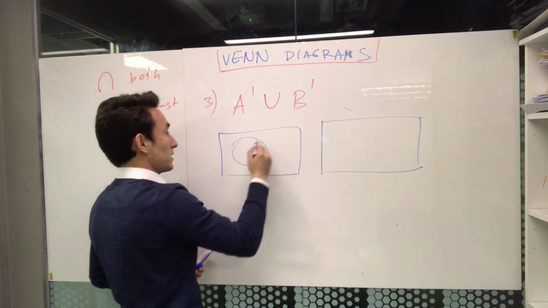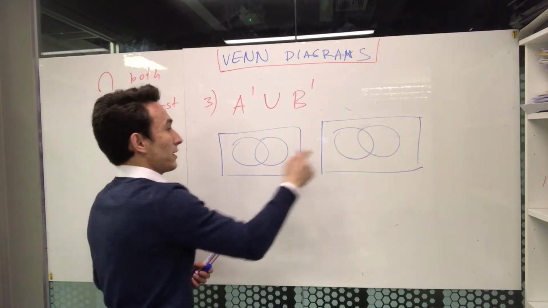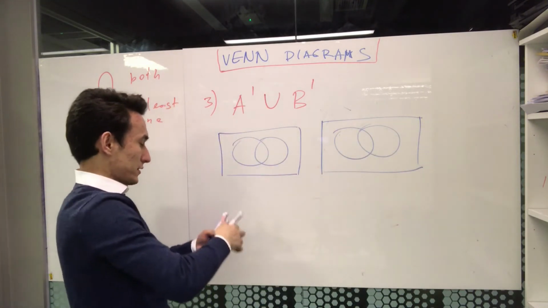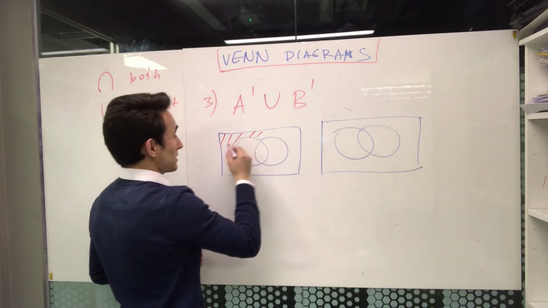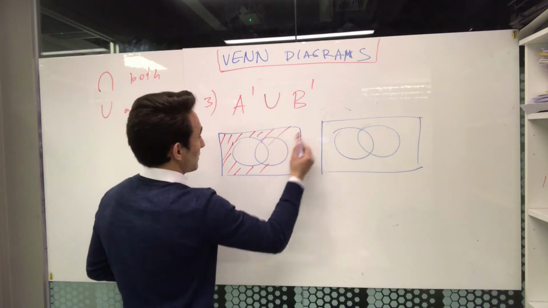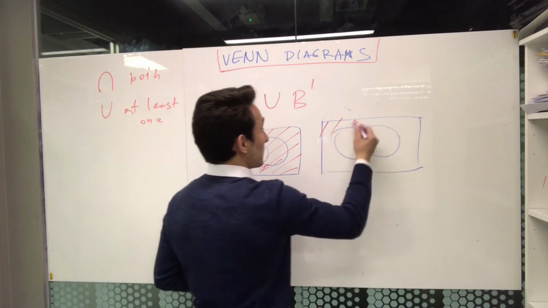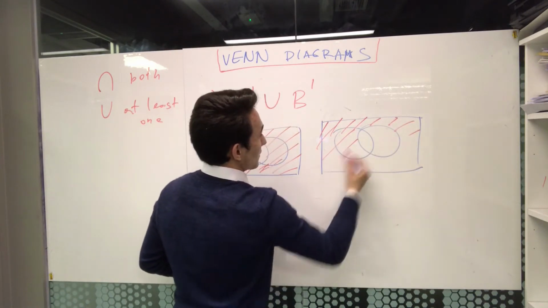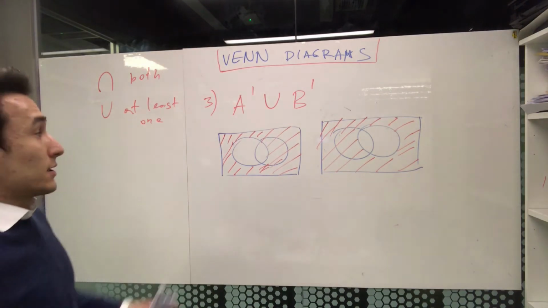Two circles in each Venn diagram. AB, AB. So not A, let's shade first of all, not A. Oh, I shouldn't have erased this, by the way. It's the same thing. Not A is everything outside of A here. Right? That makes sense? And not B, everything that's outside of B. Hopefully it's making sense. I hope you can see this. Yeah. Not A and not B.